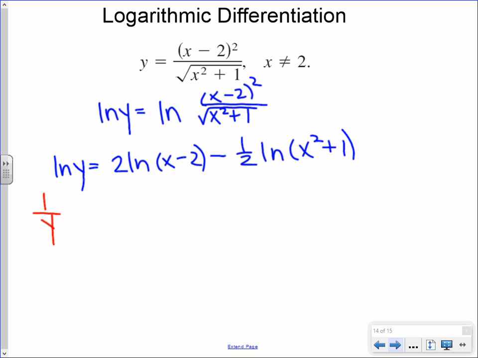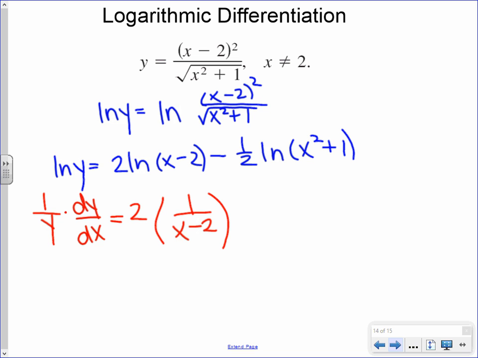And anytime we take the derivative of y, times dy dx, good, equals, Josie, the derivative of 2 natural log of x minus 2. Would be 1 over x minus 2 times 2. So you have the 2 times the 1 over x minus 2. Is that what you said?